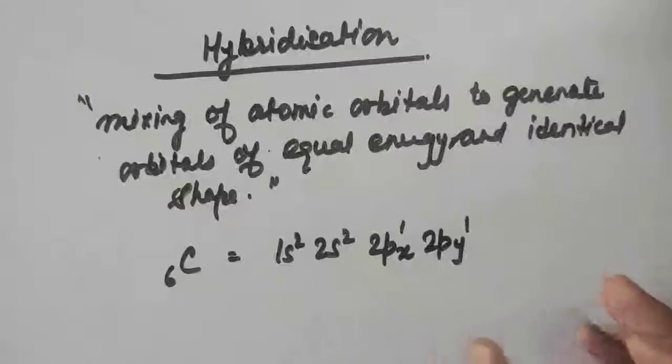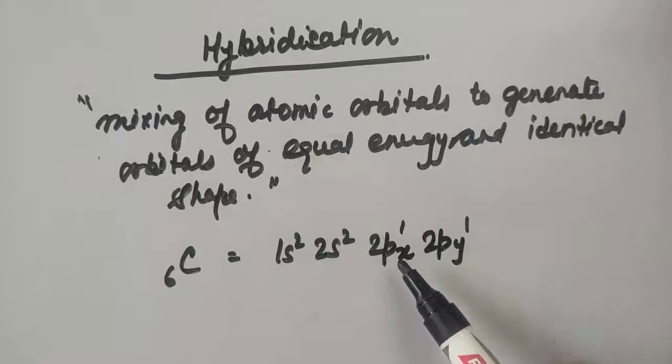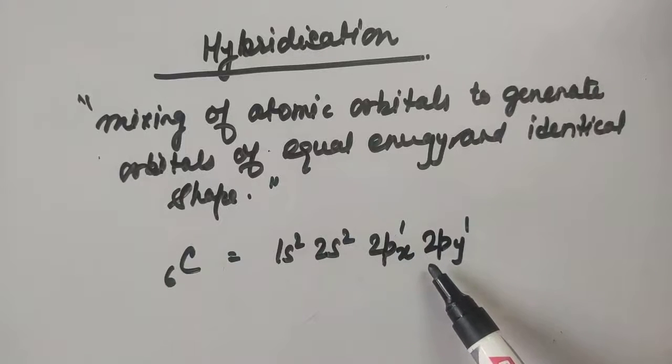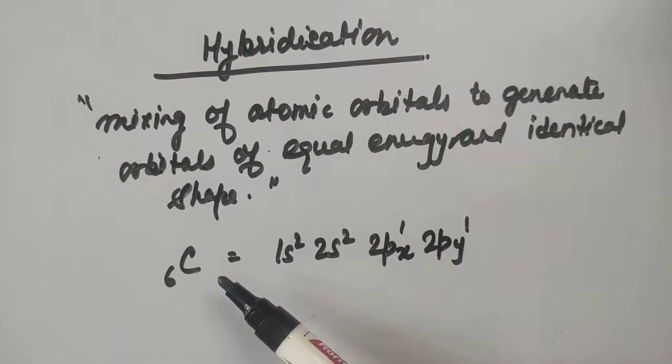This is the configuration of carbon. Now the carbon has only 2 half-filled orbitals, so the covalency of carbon must be 2. But we know that carbon is tetravalent, that means it is showing a valency of 4.